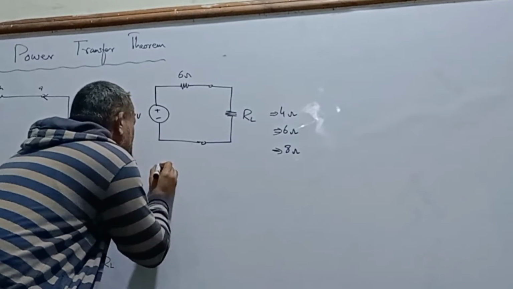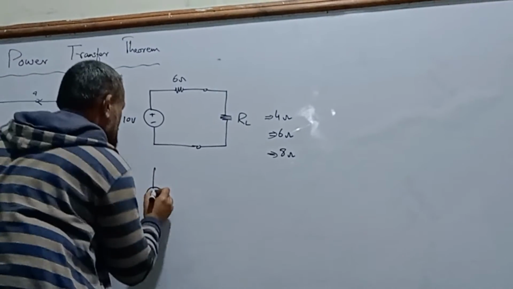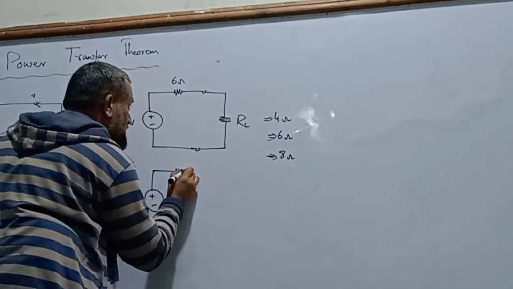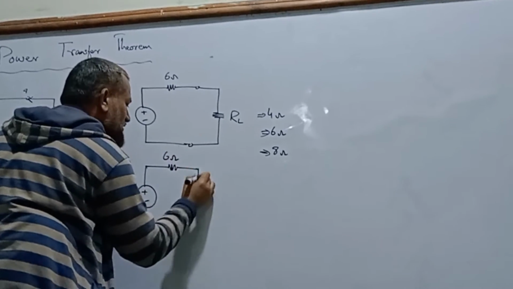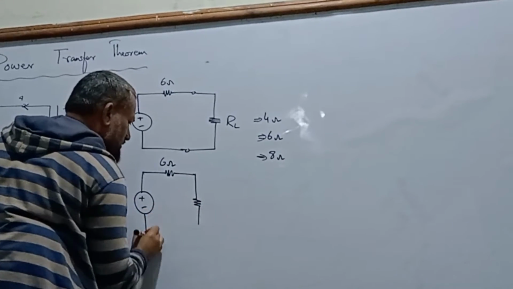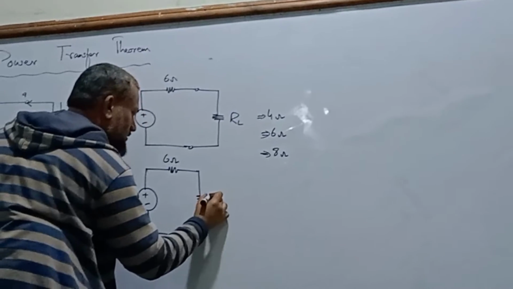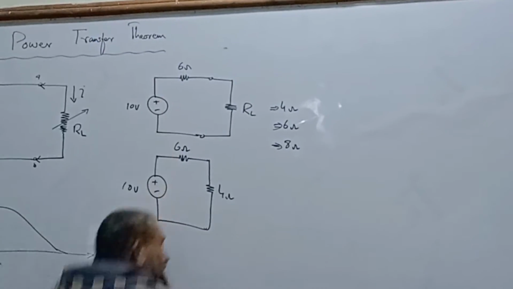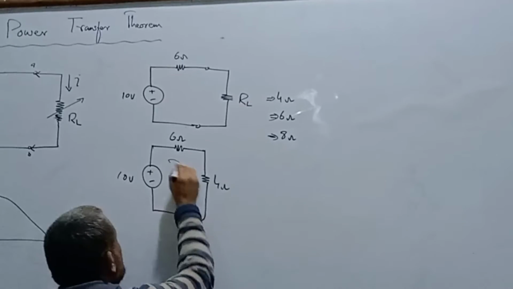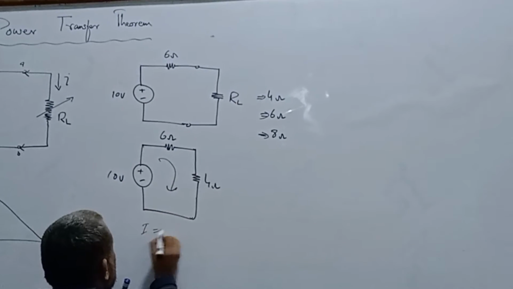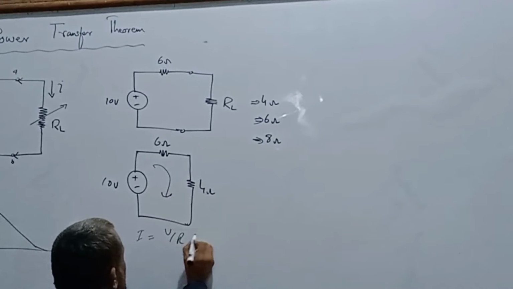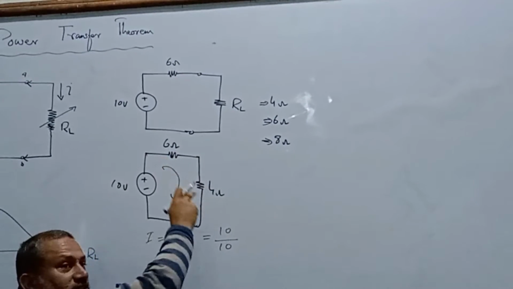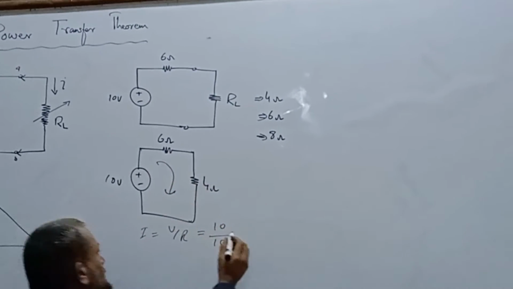For 4 ohm, 10 volt, 6 ohm, 4 ohm. How much current? Total current I is equal to V by R. V is 10, and this is 10 because these are connected in series. So how much current?